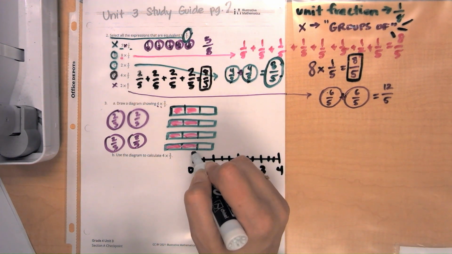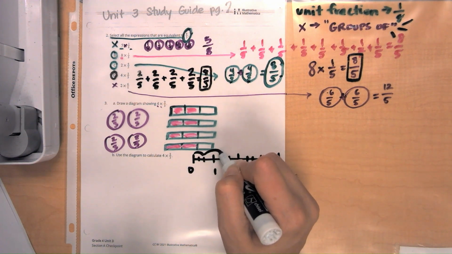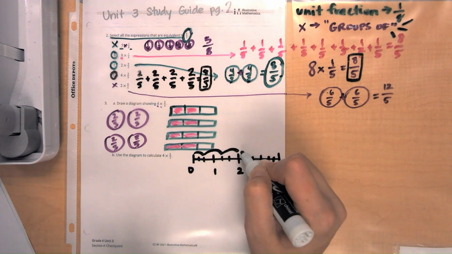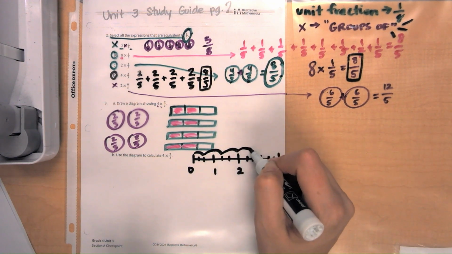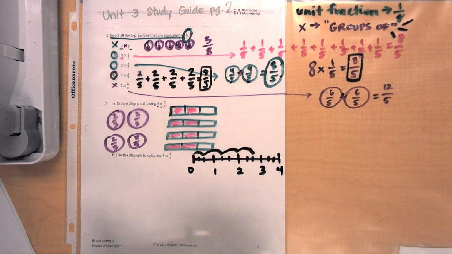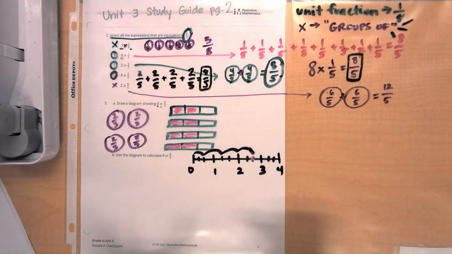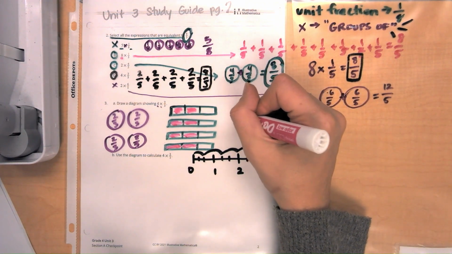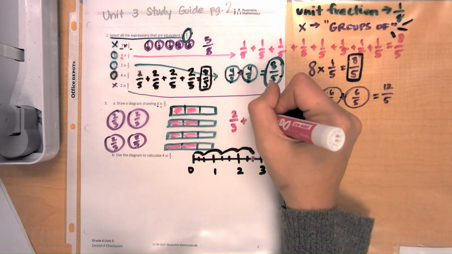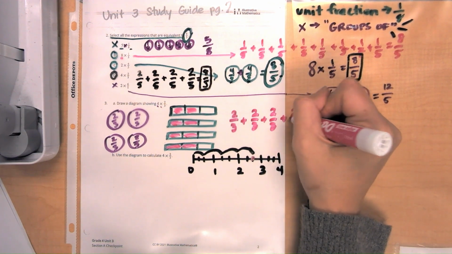And they would go maybe 2/3, 2/3, 2/3, one group, two groups, three groups, and land right here. Might do something like that. Or we could just do it straight. We could just do it like this: 2/3 plus 2/3 plus 2/3 plus 2/3.